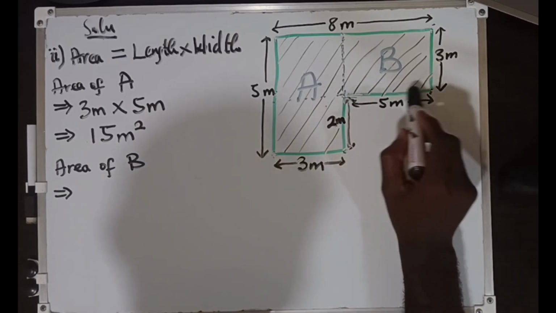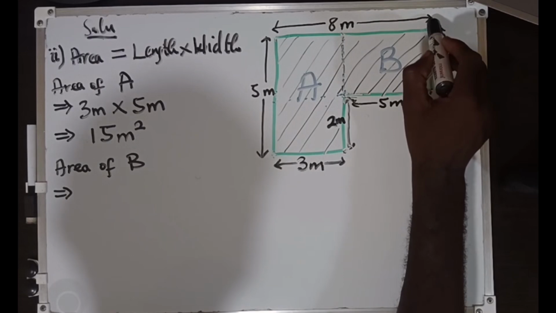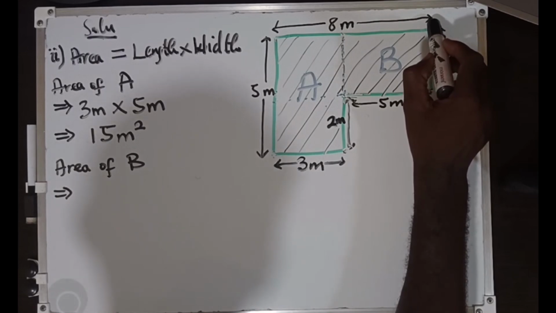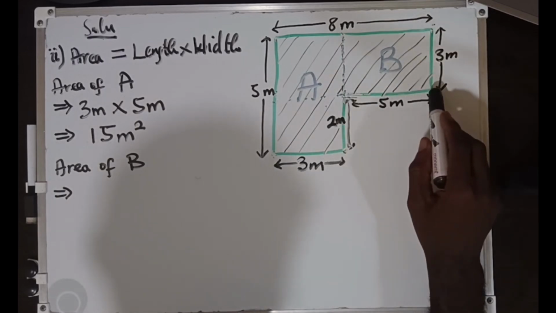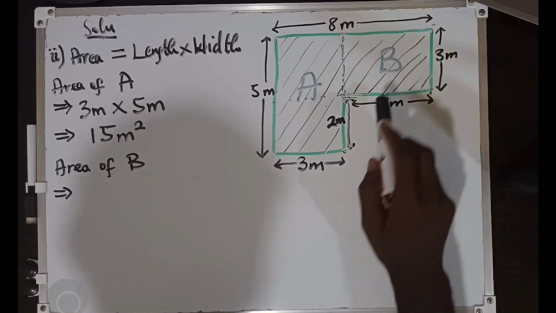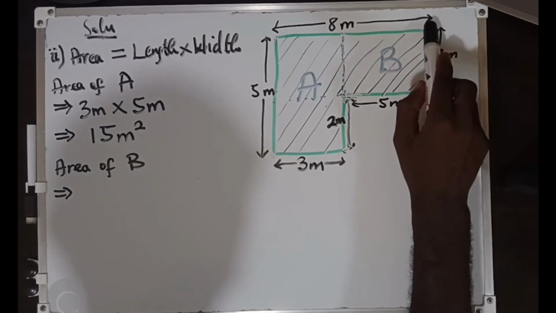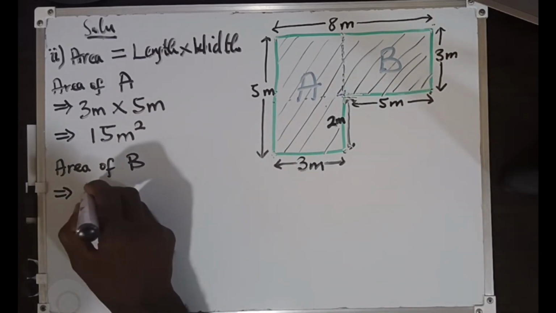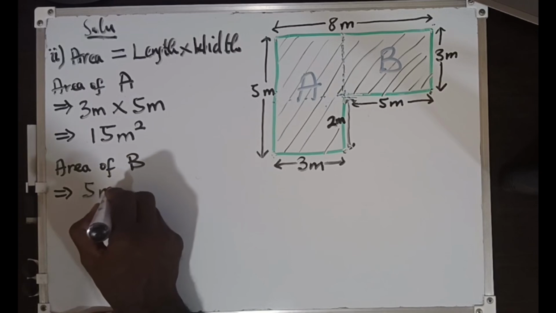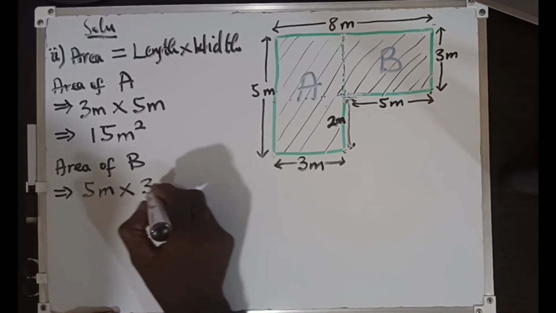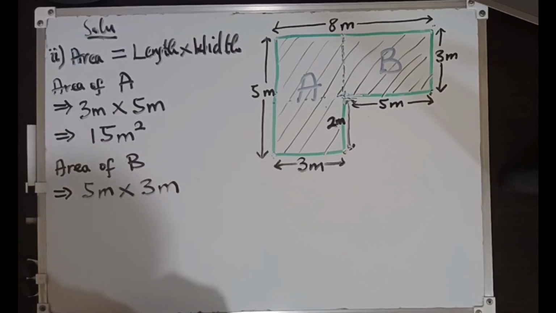This is going to be the length, and this is going to be what? The width. Okay, this is going to be the length, and this is going to be the width. So that is also going to be 5 times 3. So that is 5 meters multiplied by 3 meters.